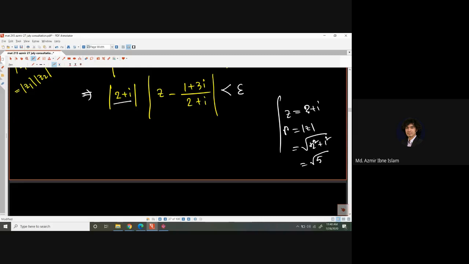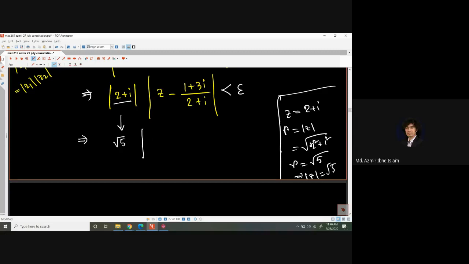So the modulus of z is root over 5. I have done this part in the side note. Is it clear? Yes, sir.